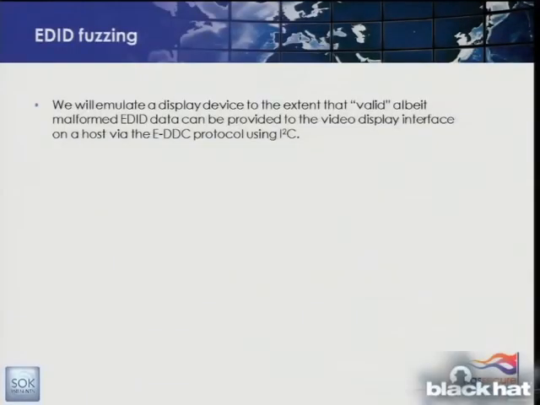So what we need to do to be able to fuzz EDID and provide this data in a valid sense, albeit malformed, to a video interface, we need some kind of capability to emulate a monitor and emulate DDC.